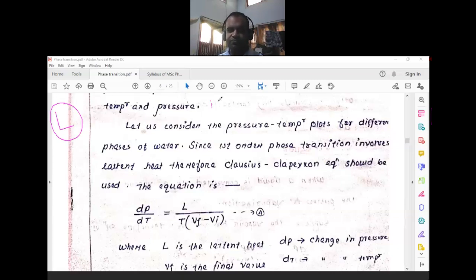So when we are talking about latent heat, it is like conversion of ice to water, suppose at constant temperature. What is that constant temperature? That temperature is 0 degrees Celsius or 273 Kelvin. So that is the latent heat. And whenever we are talking about first order phase transition, in that case, the latent heat is involved. So, I am writing here first order.